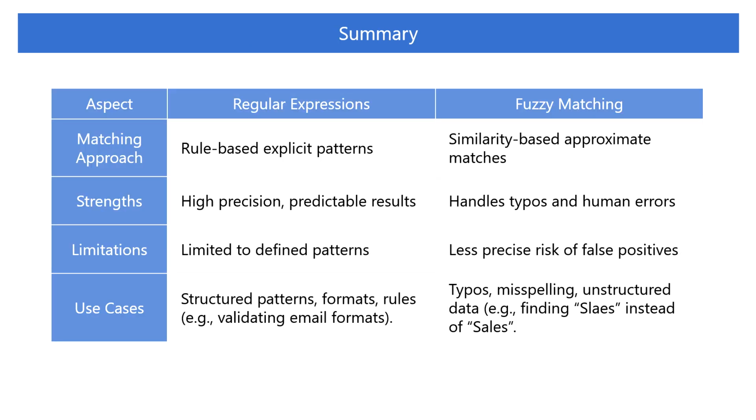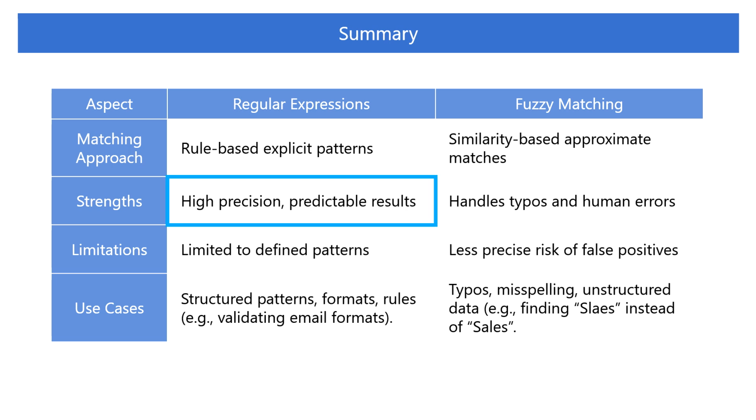As a summary, let me show you this table, which compares regular expressions and fuzzy matching in terms of their approach, use cases, strengths, limitations, and example scenarios. As for the matching approach, regular expressions are rule-based, relying on explicit patterns. On the other hand, fuzzy matching is similarity-based, enabling approximate matches.